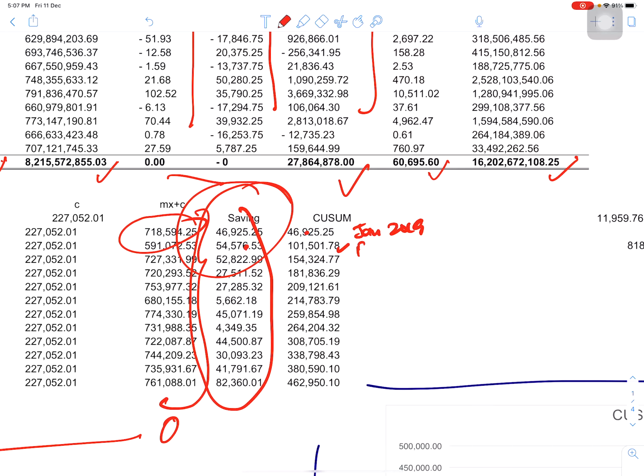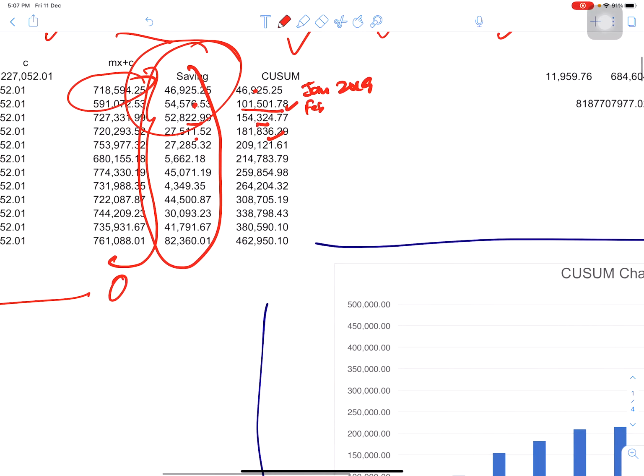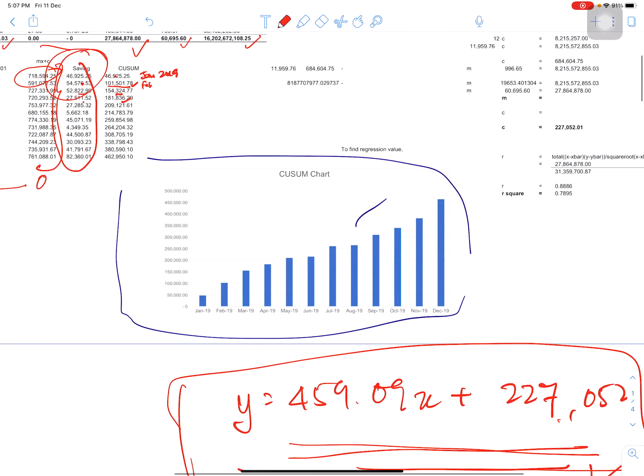For March, it is this February summation plus the March saving. For April, this one plus this one. So it is cumulative. Now you see the graph is increasing.